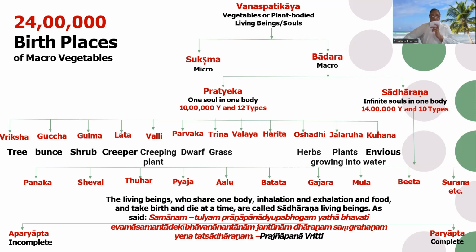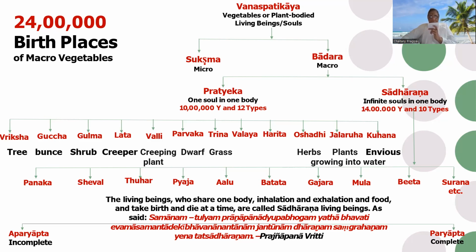But in other categories, we find two types of plants. One is called Pratyek and another one is called Sadharan. So Pratyek means one soul in one body. So the main soul of that particular plant is only one. But there may be some other souls in the same body because they are dependent on that particular plant.